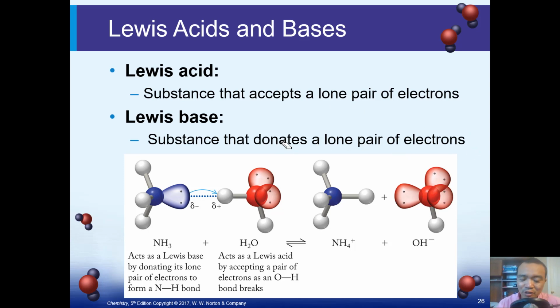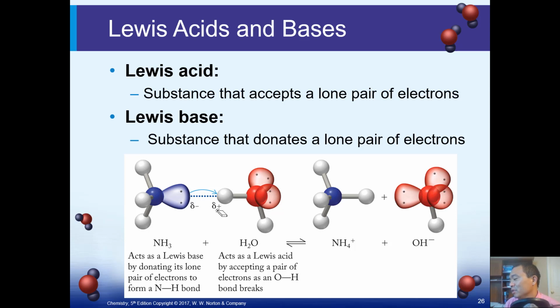So for example, when we look at ammonia, which usually belongs to Lowry base, but if we look at this reaction of ammonia with water from a different perspective, what really happens in terms of electrons is, when you look at the NH3 Lewis structure, the lone pair that was on nitrogen is picking up one proton from the water molecule.